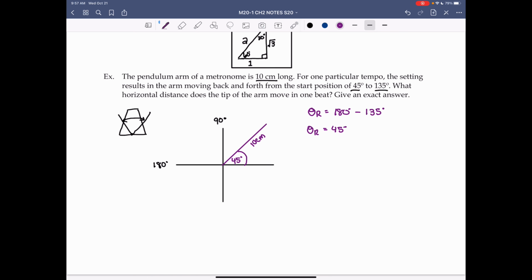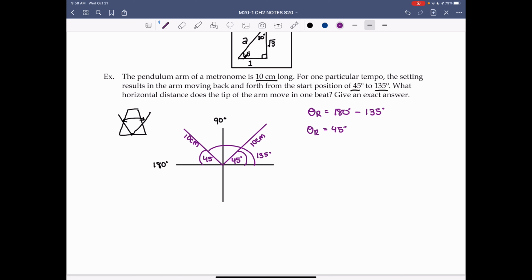So again, halfway between our two axes, this time in quadrant 2, this is 45 degrees, and the measure of the angle in standard position is 135 degrees. The arm is still 10 centimeters because it's the same arm.